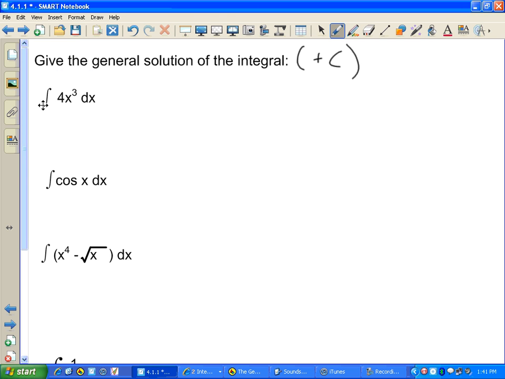So I'm going to integrate this, all right? So this is the integral power rule, which means my power is going to go up to 4, okay? So I know that I'm going to have a 4th power. Okay, I can take this constant outside if I want, so this is one way to do it. Some of you guys might see right away what this is going to be, but I'm going to take this outside here.